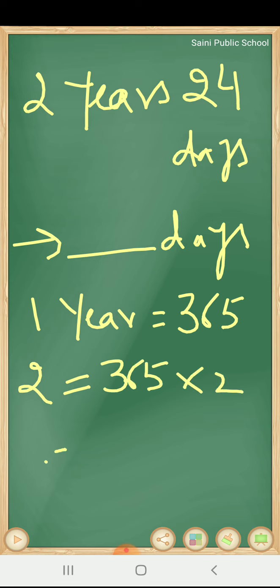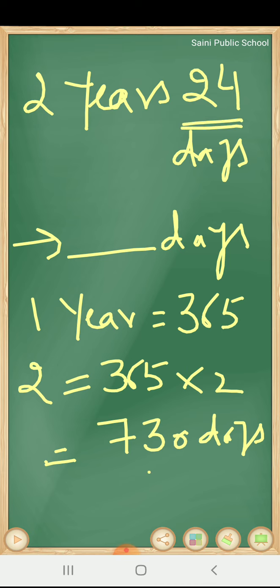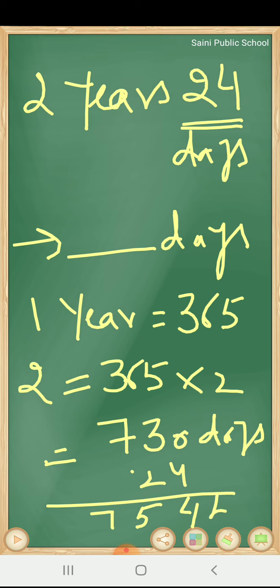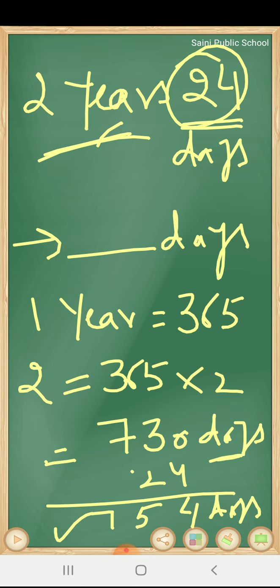So how many days? 730 days. Now 24 days are given to us. So we will add 24 to this number. 4 plus 0, 4, 3 plus 2, 5, and here 7. So 754 days. So in 2 years 24 days, there are 754 days. We will convert years into days and we will add the given days to that number.